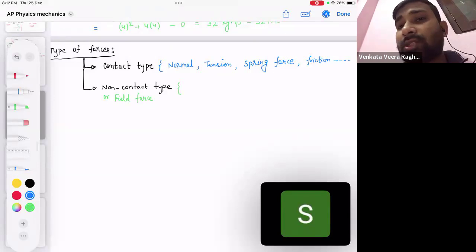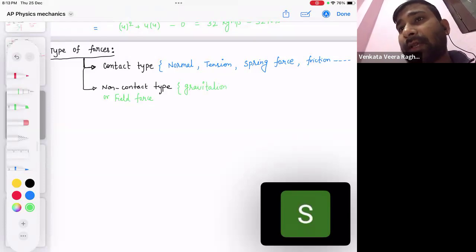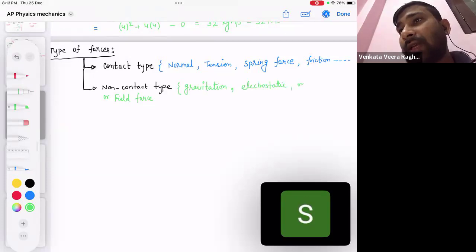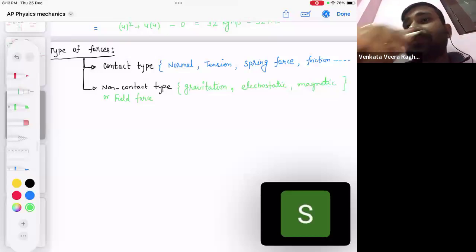So what are the examples of those types of forces? Can you tell me a few examples of field force? The gravitation force, a very common example. Electrostatic force, magnetic force, right or not? So these are examples of the non-contact type of forces or field force.